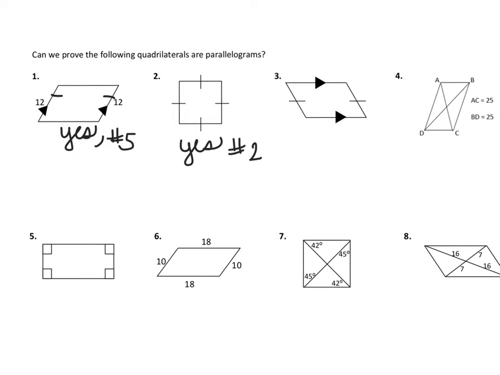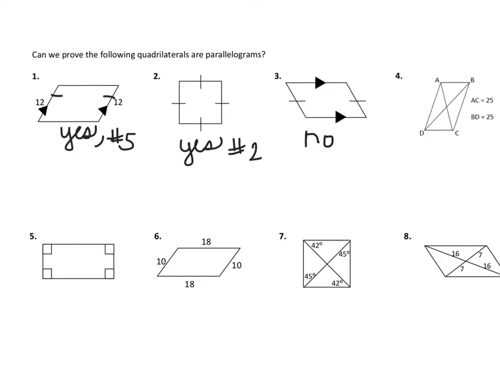On this number 3 quadrilateral, we have a pair of congruent sides and we have a pair of parallel sides. But I need to have either both pairs of opposite sides parallel or both pairs of opposite sides congruent, or one pair that is both parallel and congruent. So this one is not a parallelogram.